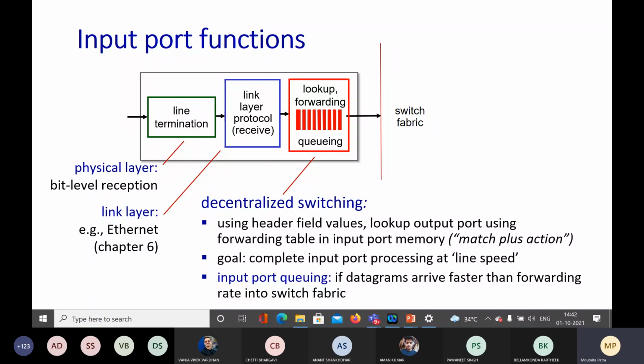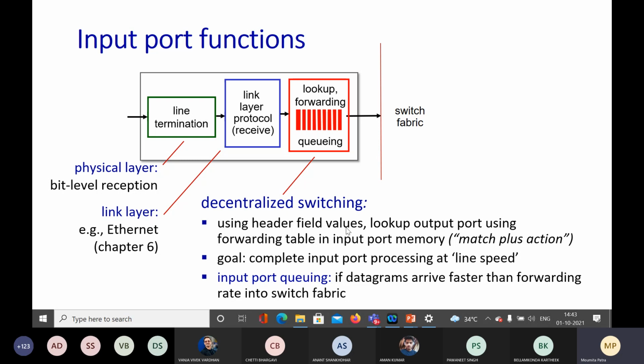So the goal is that all of these tasks should be completed at line speed. Whatever capacity this input port is providing, all the tasks need to be finished within the given line speed that is provided by the input port.